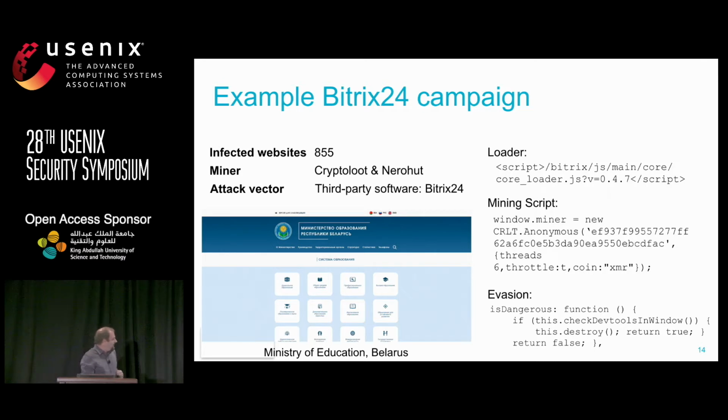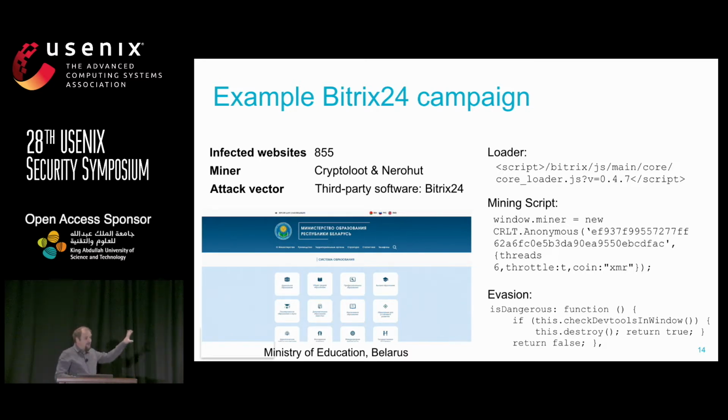So they hid this within the Bitrix core loader. So this was actually a targeted attack. They know precisely what to go for. The mining script was pretty standard, but they included evasion techniques. So when you try to debug this, they were immediately dumping all the code that was related to this in order to avoid any detection.